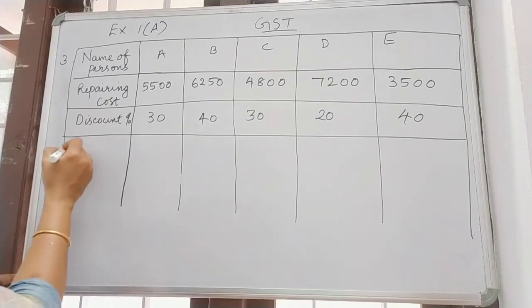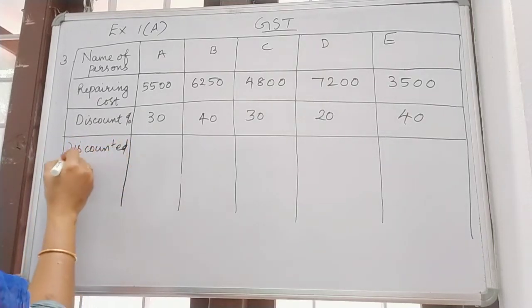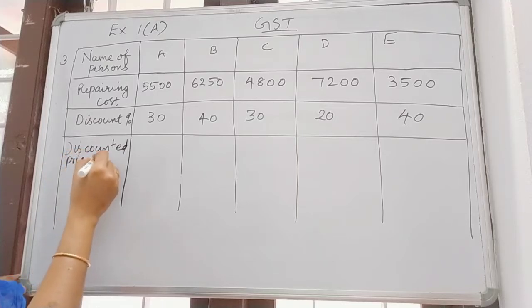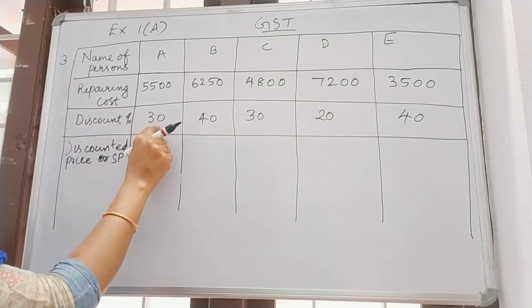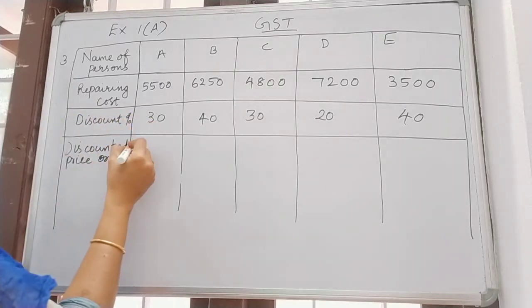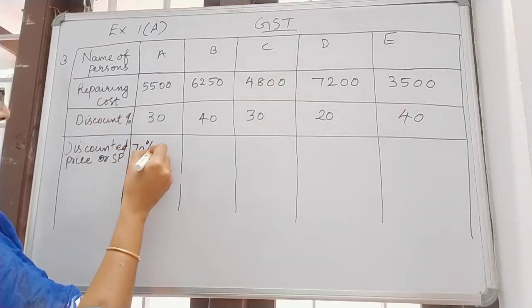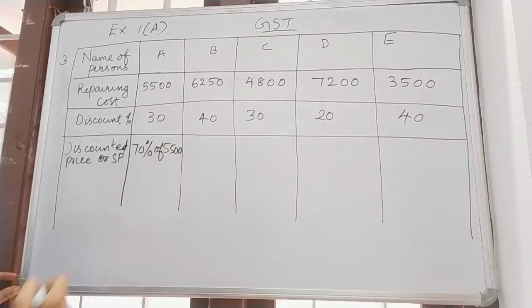Next we can write discounted price or the selling price. Discounted price, or otherwise we can say it as selling price, will be, they are giving us a discount of 30%. So remaining, that is 70% we have to pay to 5,500.